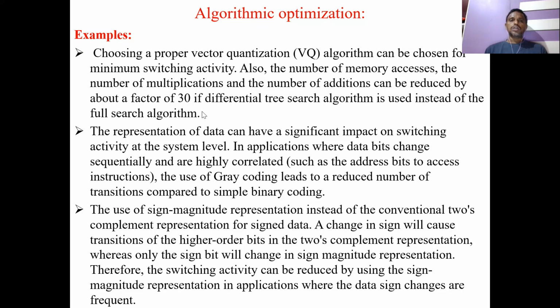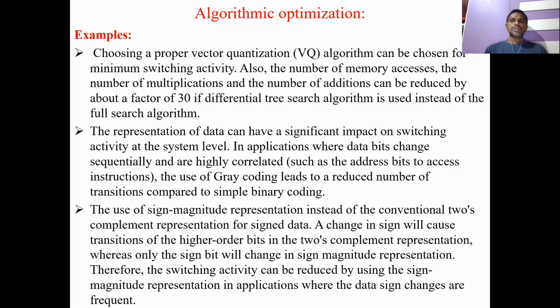I already said that proper selection of algorithms is very important to optimize the switching activity. Instead of using the full search algorithm, if you use the differential three-search algorithm, we can reduce the switching activity by a factor of 30.